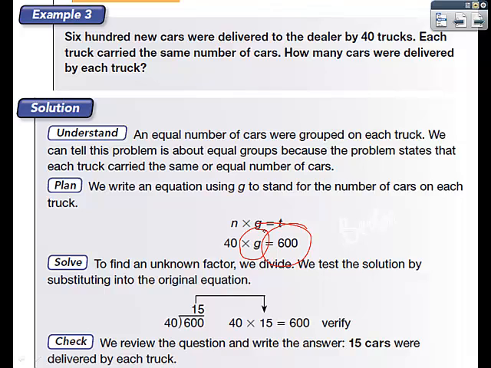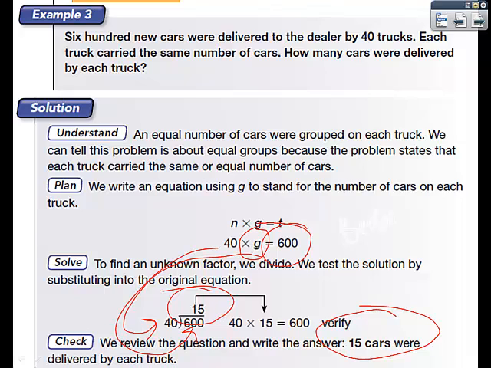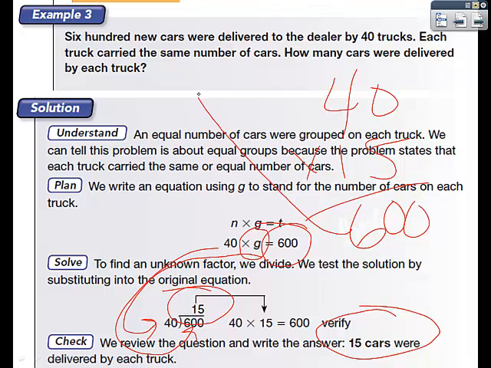So if we take the 600 total cars and we divide it by the 40 trucks, we know that each truck must carry 15 cars. So the answer to this problem would be 15 cars per truck. And the way we verify that is we take the 40 and we times it by 15 and see that we do truly come up with the 600 new cars that it tells us there at the beginning.